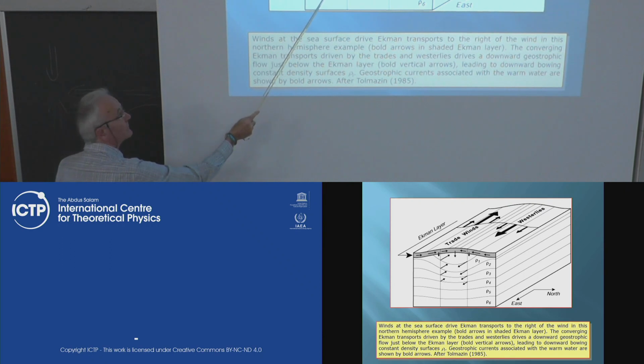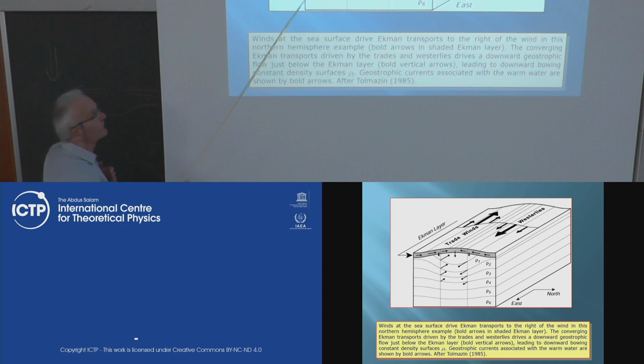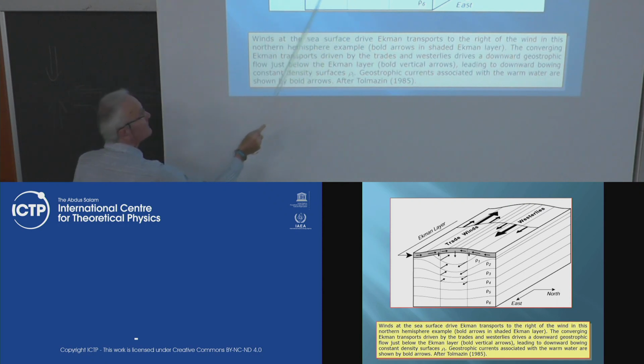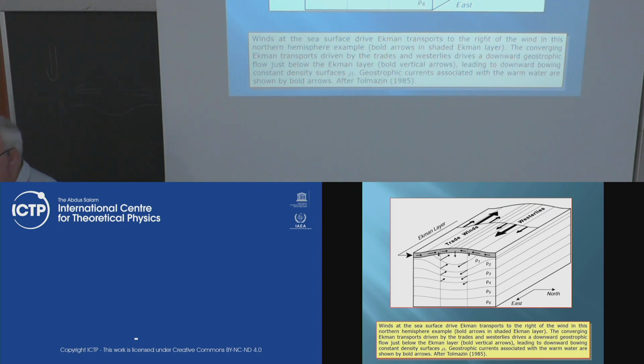This is the vertical shear. At the surface is the higher velocity, and if you go deeper it decreases. So this is how the ocean looks: the surface frictional layer, the geostrophic interior, and then, not presented here, the bottom boundary layer or bottom Ekman layer. Okay, I will stop here, and we'll see each other on Monday.